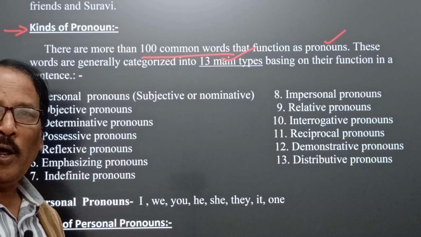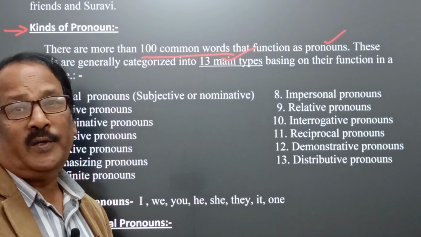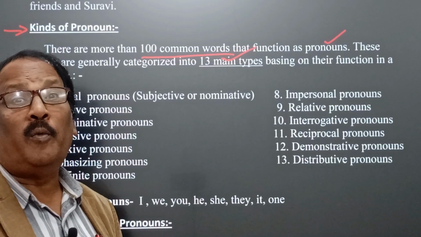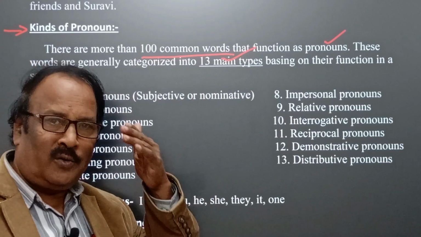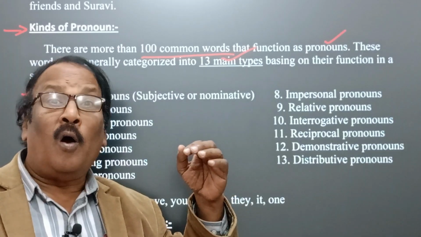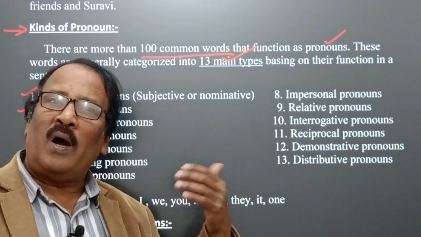Second, objective pronouns. Whenever pronouns are used as the object of the verb, they are called objective pronouns. For example, me, us, her, you, him, them, it, one.